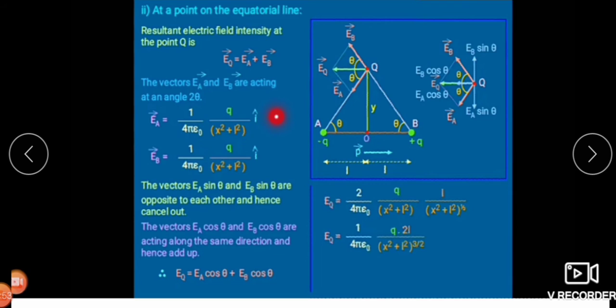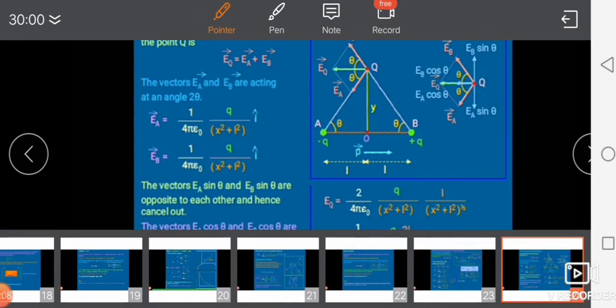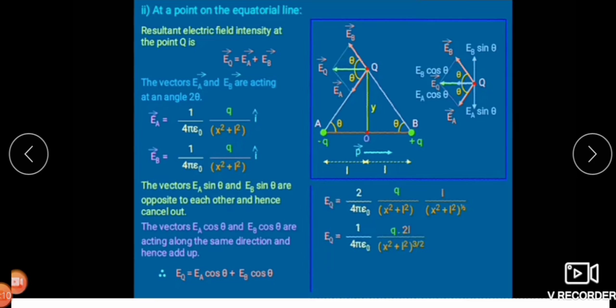EB is equal to 1 upon 4 pi epsilon 0 Q upon x square plus L square, and the unit vector. Now here this distance BQ square is considered x square plus L square.